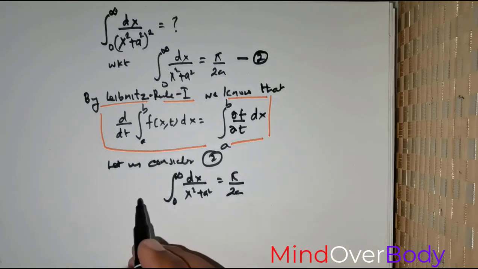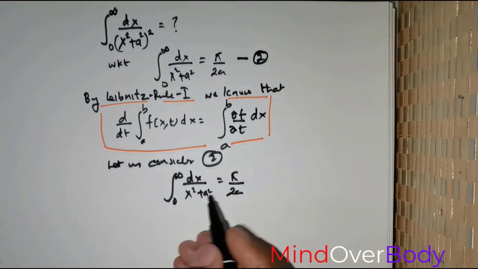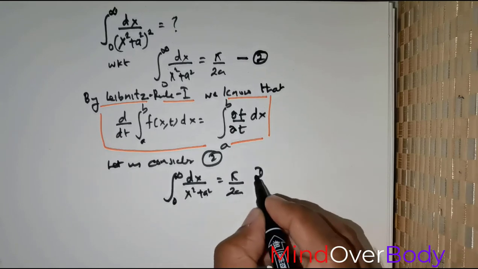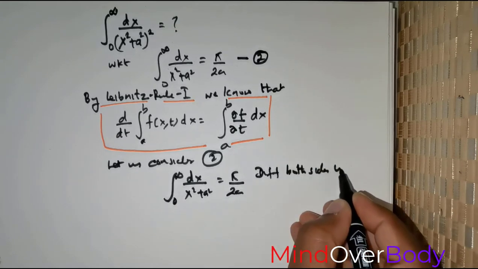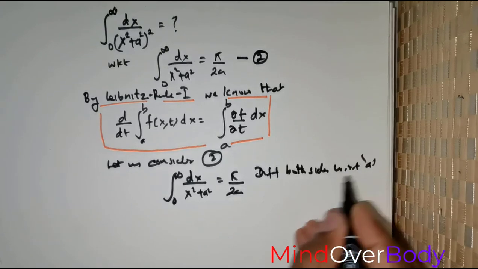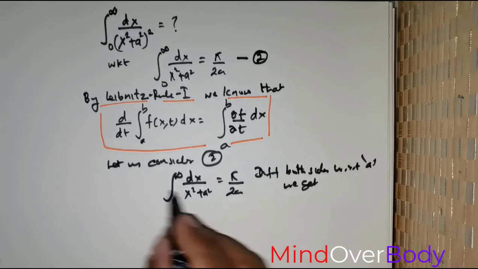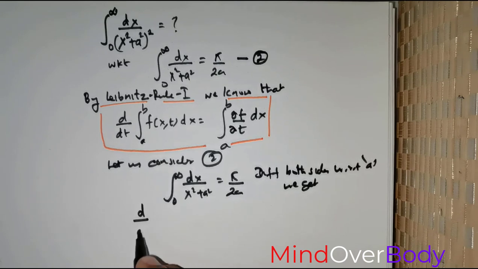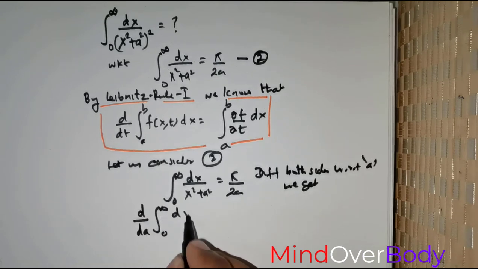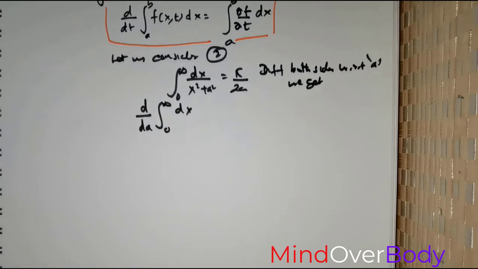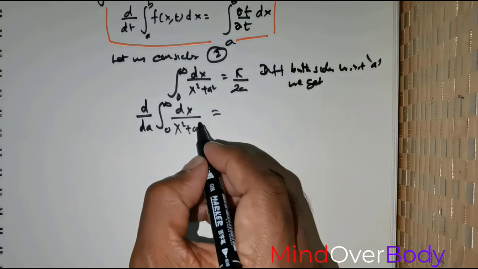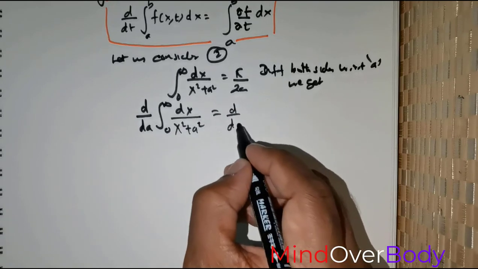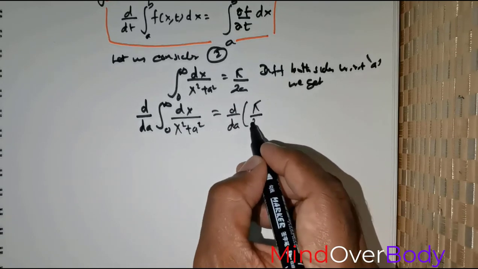So what I wish to do is differentiate both sides with reference to a. So differentiating both sides with respect to a, we get d over dA of the integral 0 to infinity dx over x squared plus a squared is equal to d over dA of pi over 2a.